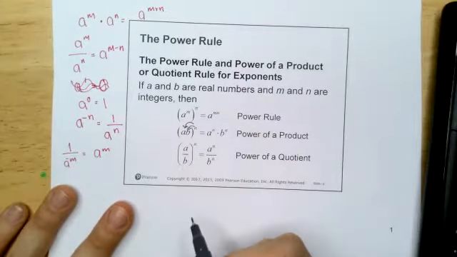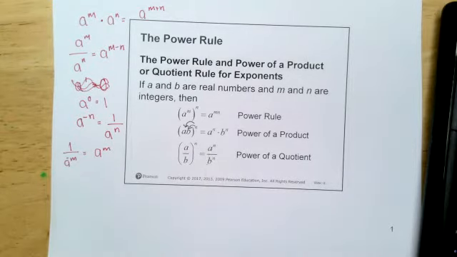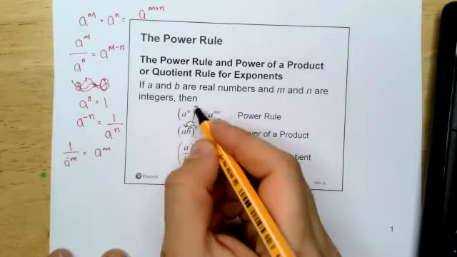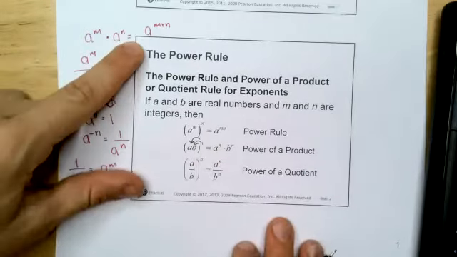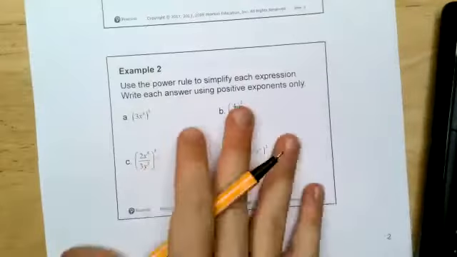A divided by b raised to the power of n is the same as a to the power of n divided by b to the power of n. So as much as it looks complicated and as much as I just in front of you tried to overcomplicate it, all it is that we're distributing and it's not the same as multiplying. Okay. All right, let's practice it.